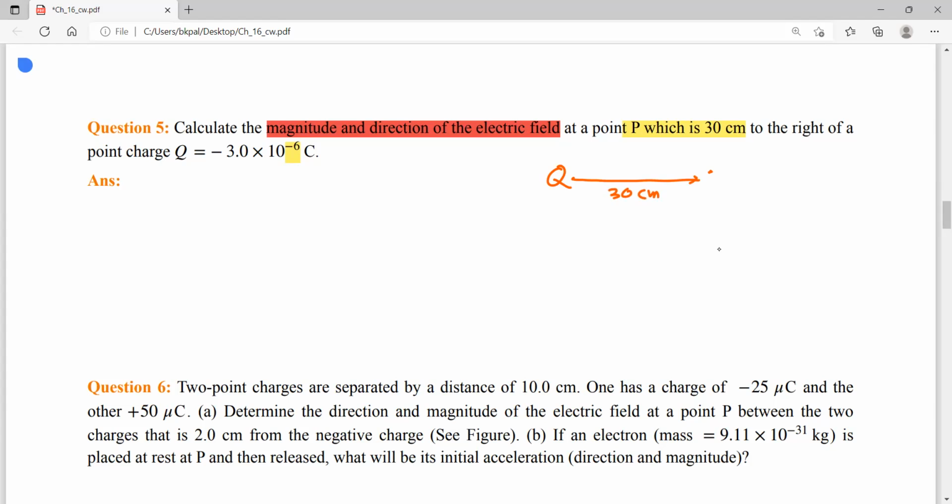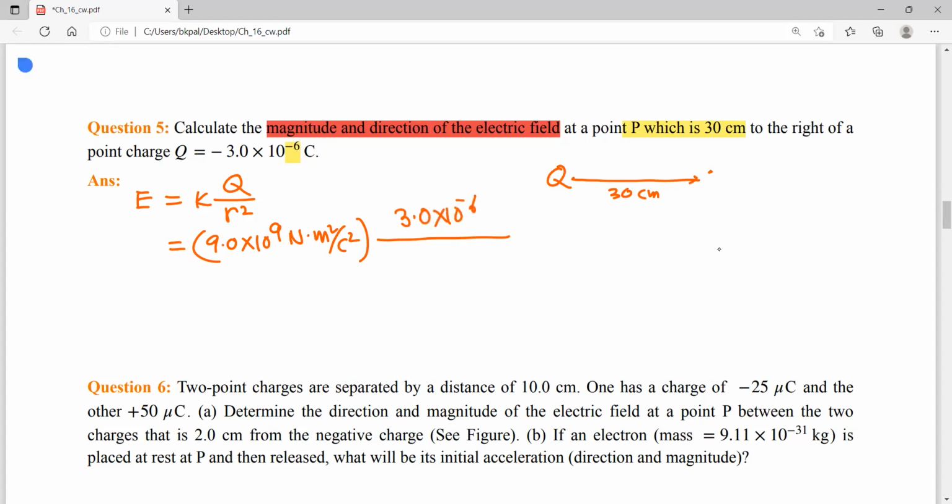Now the definition of the electric field for a point charge was this: E equals K Q over R square. So again, just plug the values. Q here is 3 microcoulomb, and R square is 30 times 10 to the power -2 meter, and then square.